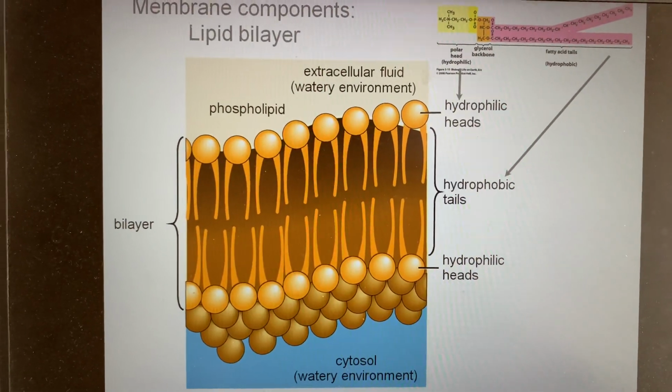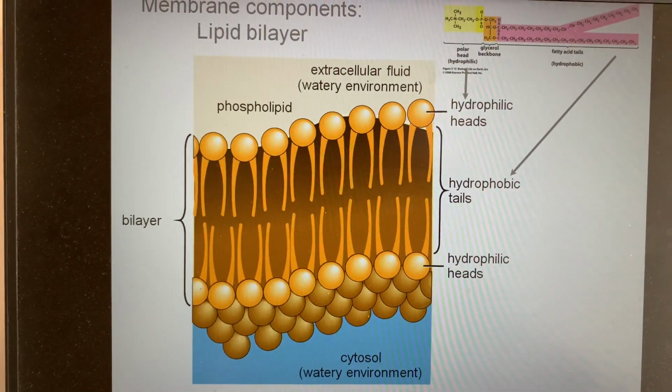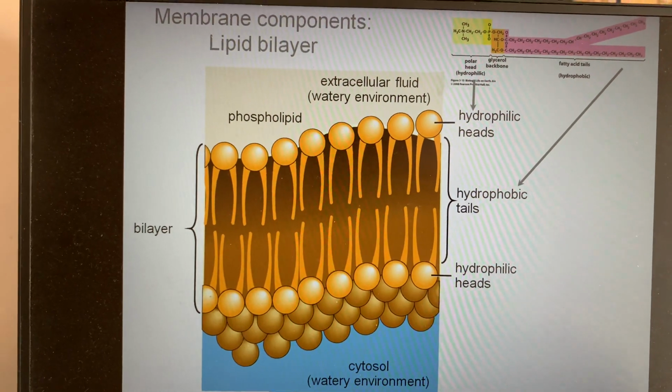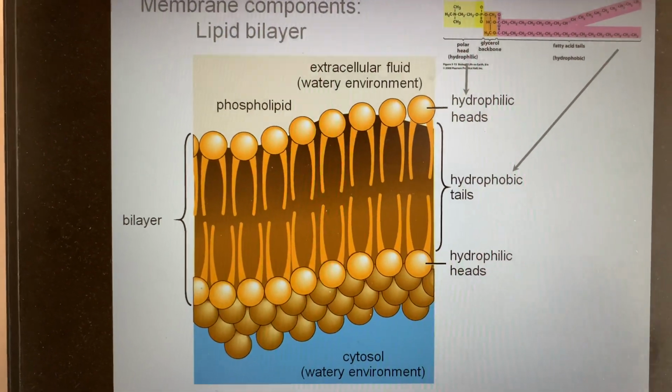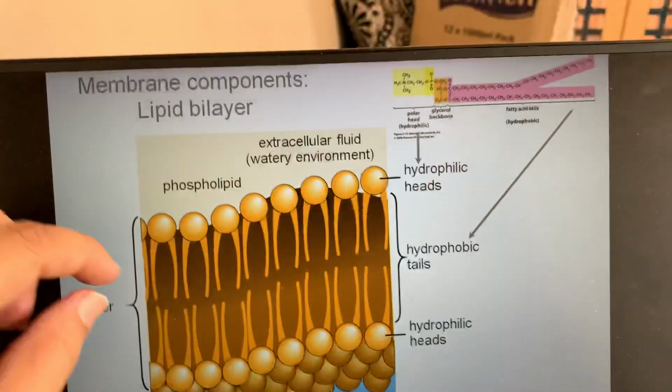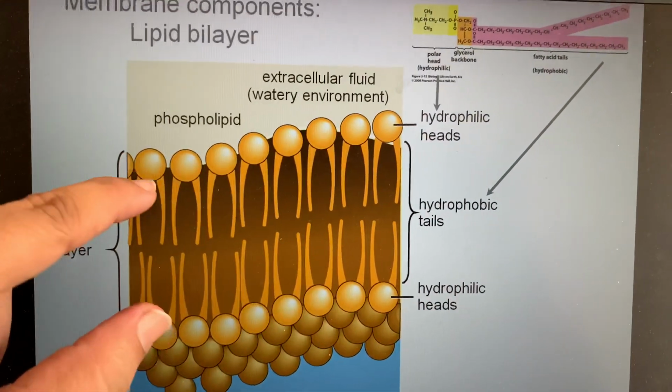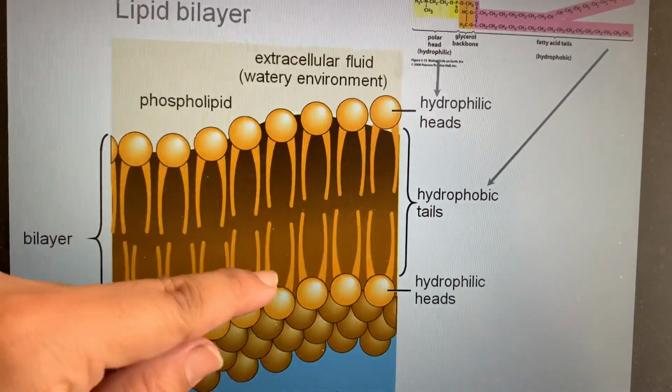Again, in detail, we will talk about the phospholipid or lipid bilayer. Bilayer comes from the first layer of lipids and the second layer of lipids.